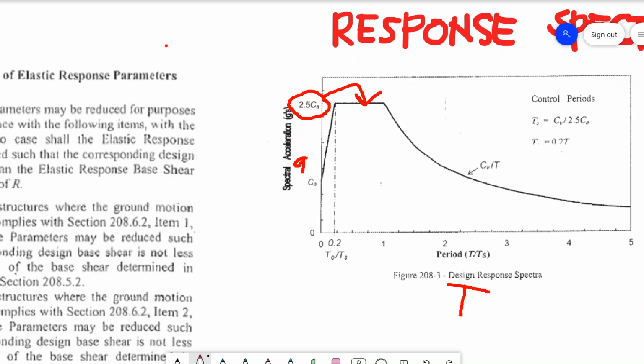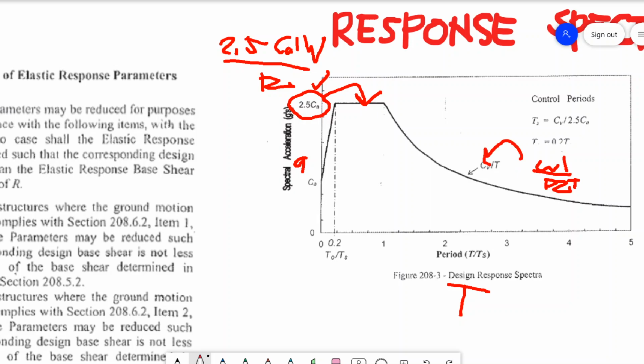Remember, your V max is what? 2.5 CaIW over R. Ca is here. I is simply 1 for a typical building. Now the formula CvI over RTW is this, right here.